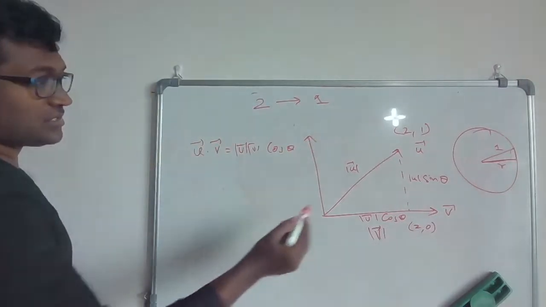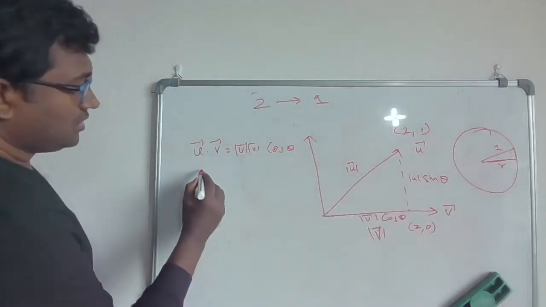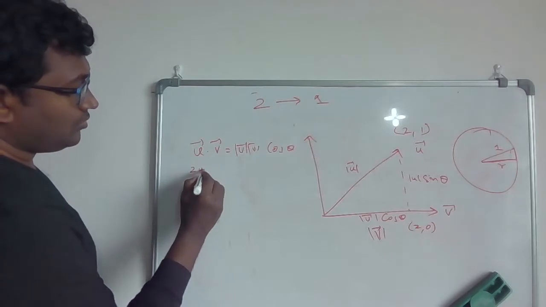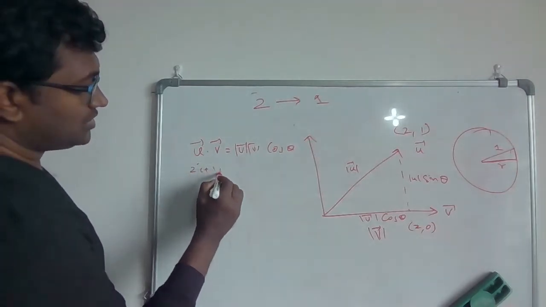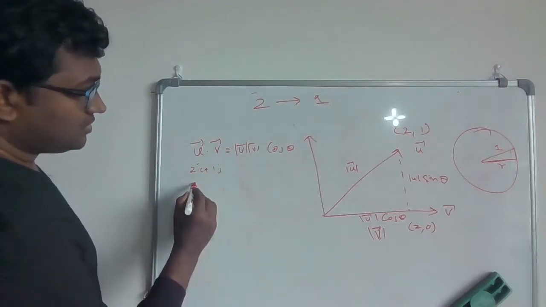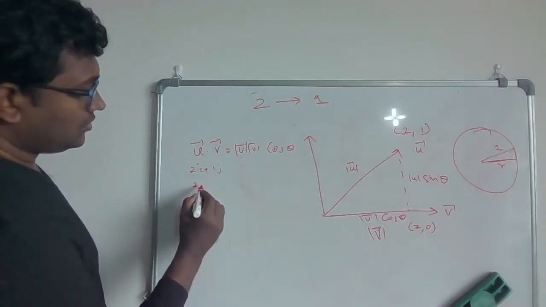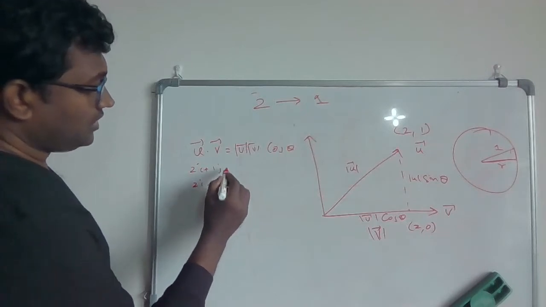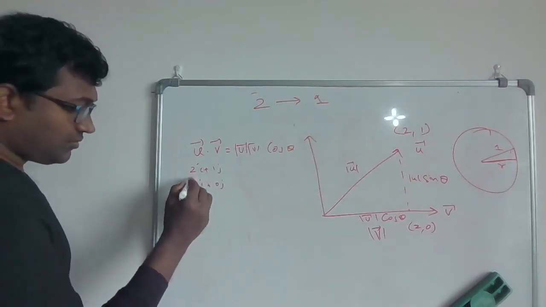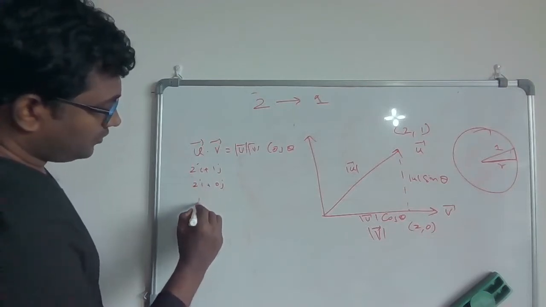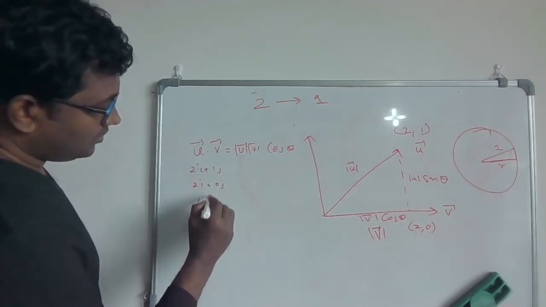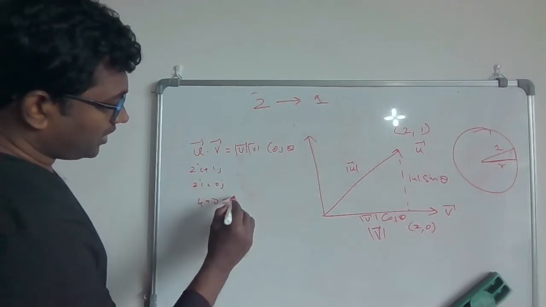So the dot product of these two vectors, 2i plus 1j and 2i plus 0j, is the product of the x and y coordinates: 2 into 2 is 4, plus 1 into 0 is 0. The dot product is 4.